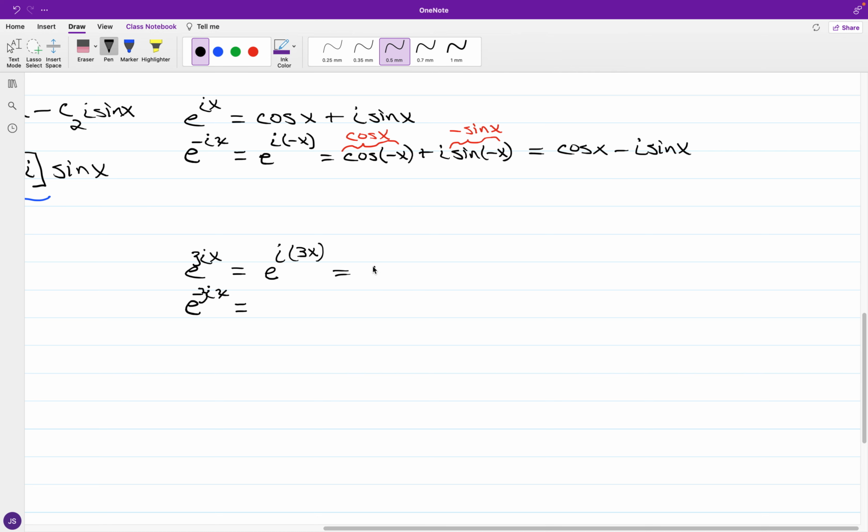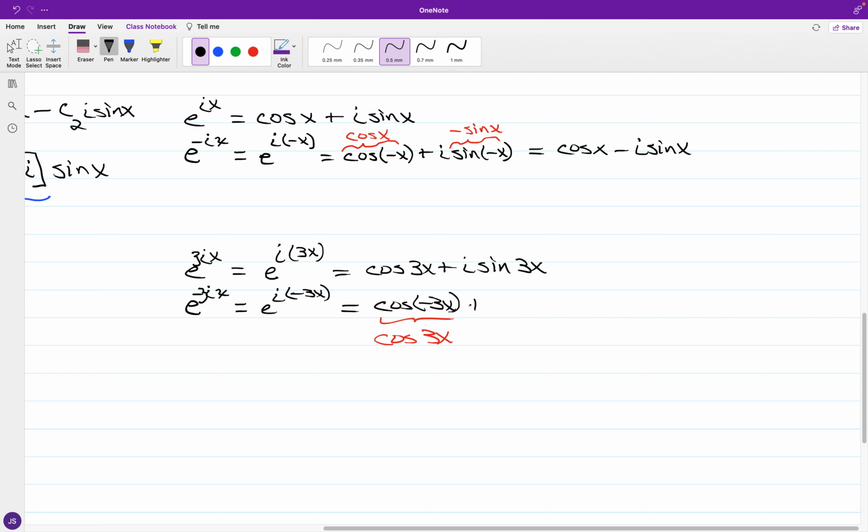And guess what? I have the cosine of 3x plus i times the sine of 3x. And if I have e to the negative 3ix, well, I would have e to the i times negative 3x. So you have the cosine of negative 3x, and remember, cosine is an even function, so that's the same as the cosine of 3x.